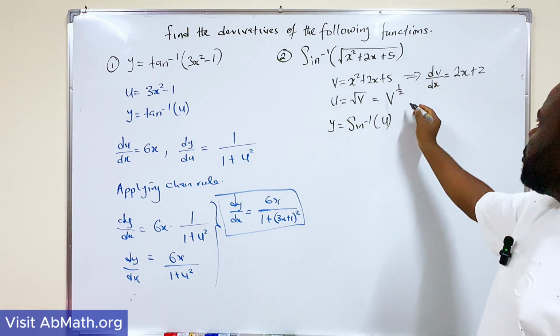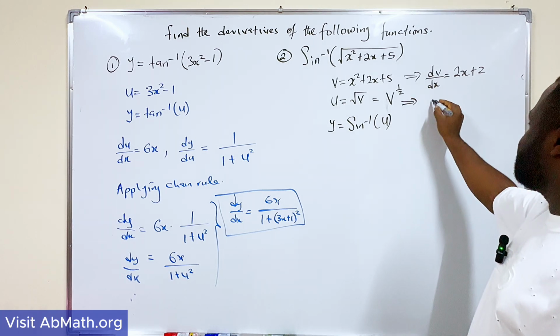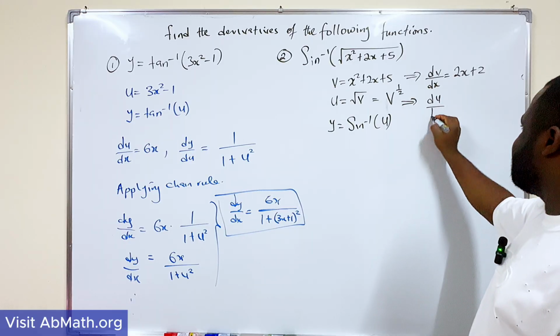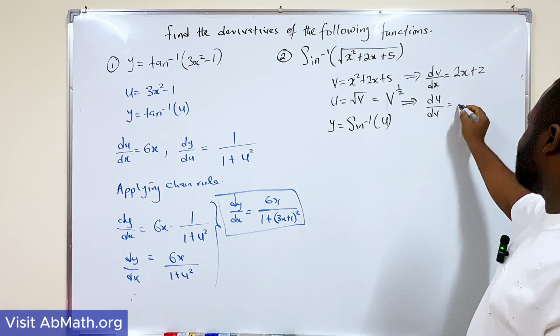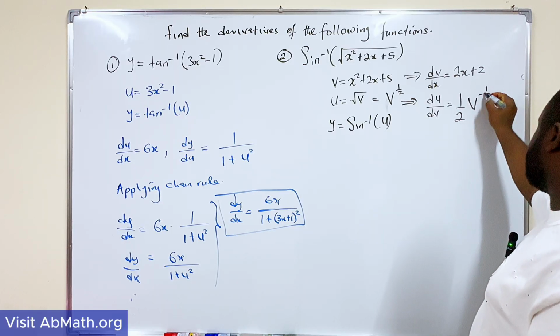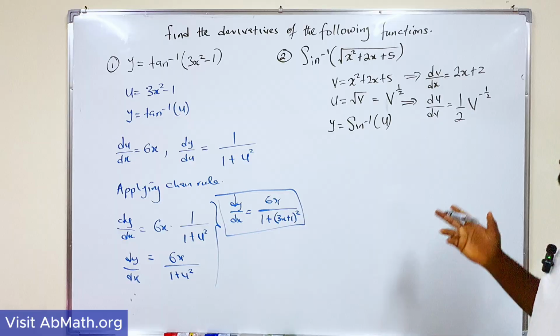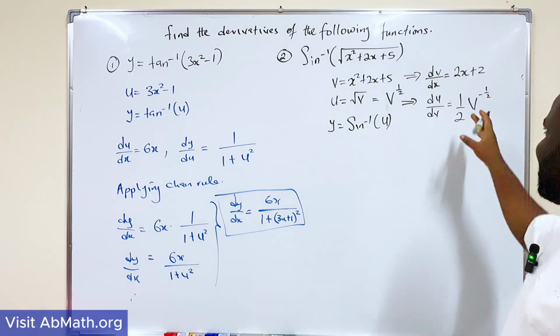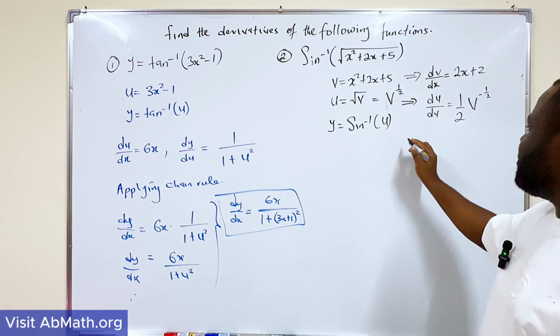Okay? So let's also find du/dv. We are differentiating square root of v. du/dv will now be equal to half multiplied by v to the power negative half. So if you don't know how to do this, please go and watch my video. I explained this extensively, how to find the derivative of all these.